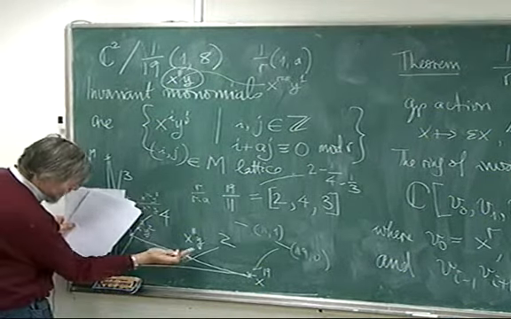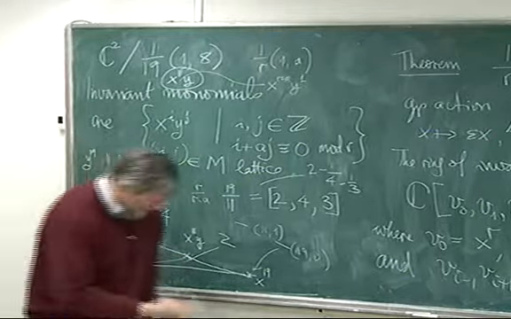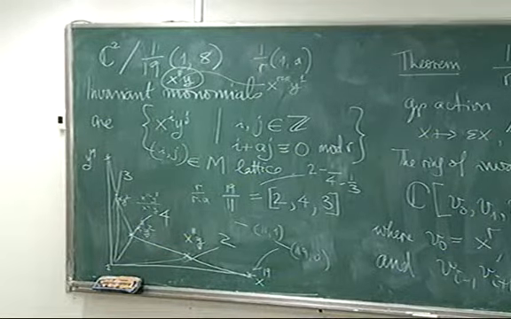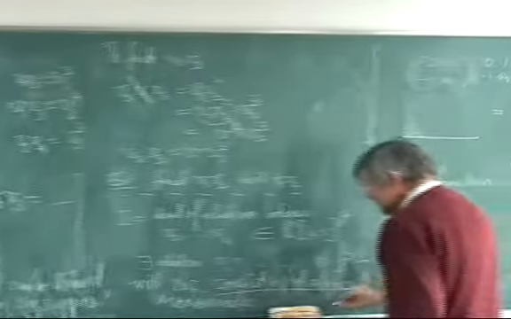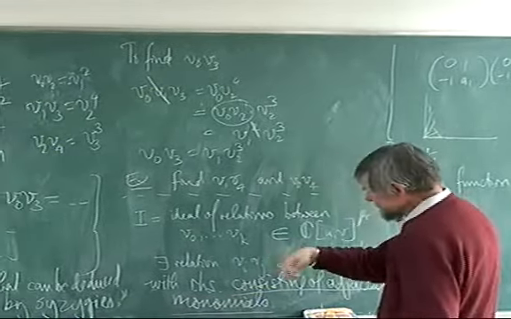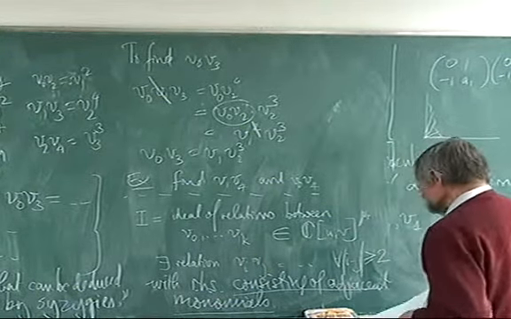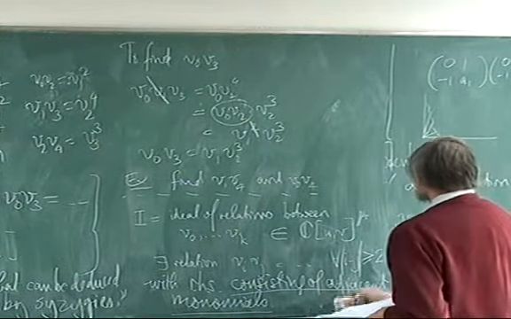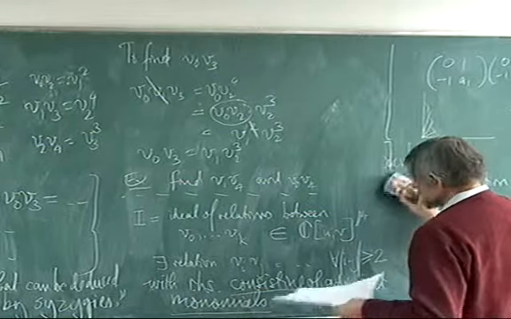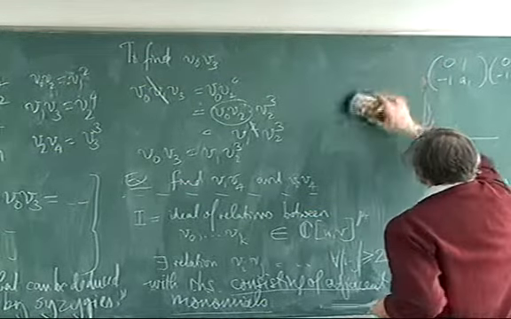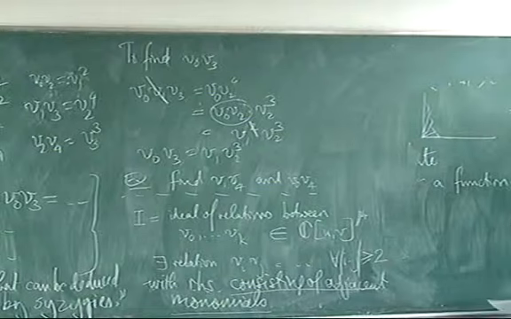And I've got something in there which is a positive combination of them, in a unique way, consisting of adjacent monomials. Adjacent monomials means successive points on the Newton boundary. So this is quite an attractive little calculus.